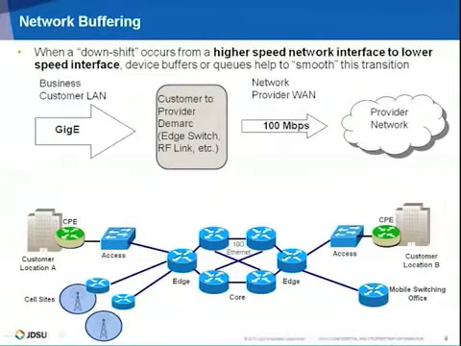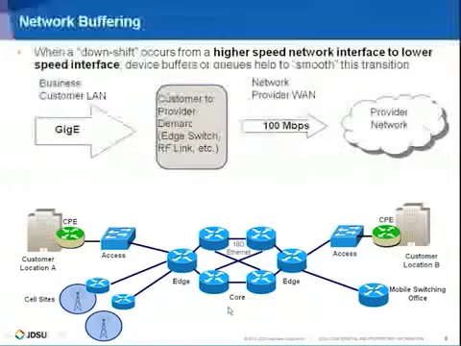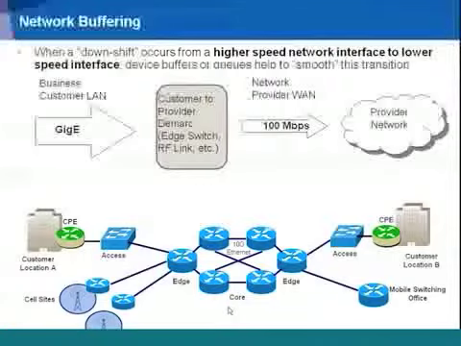So it's those 2 points in which this downshift in speed occurs in your network and where there is a likely buffer size problem, that's a buffer that's not large enough to be able to handle the bursty traffic.